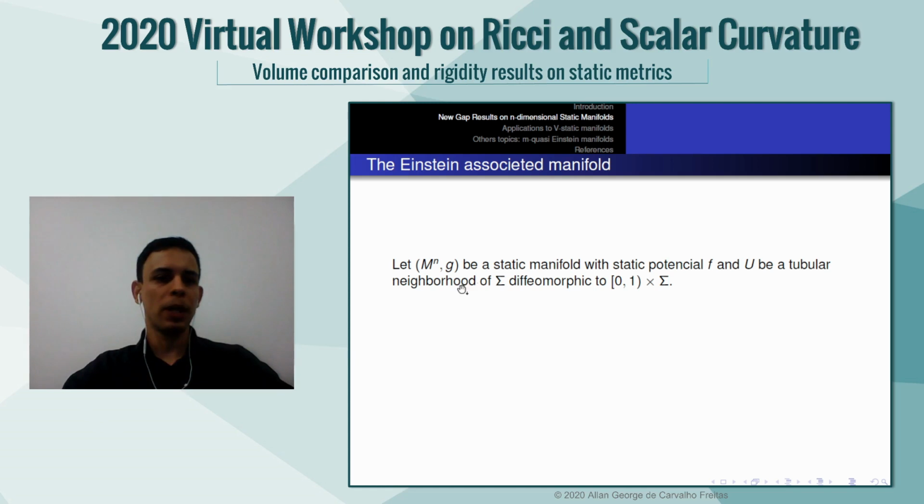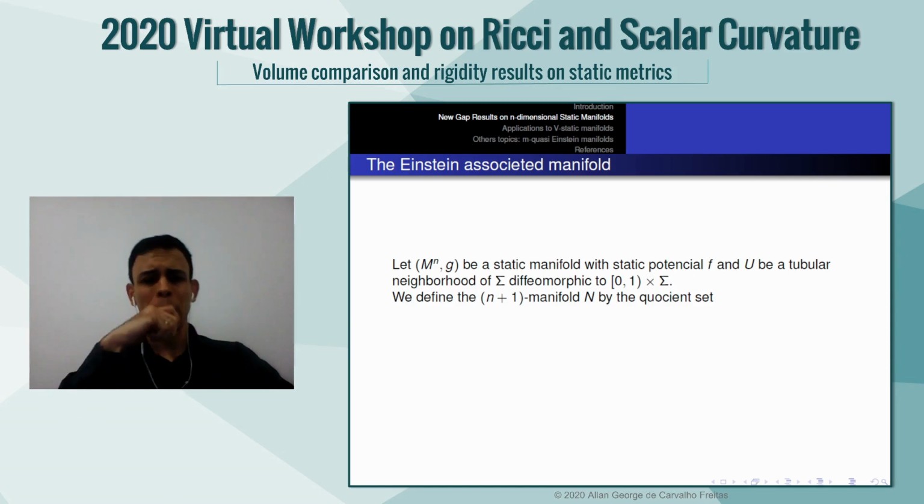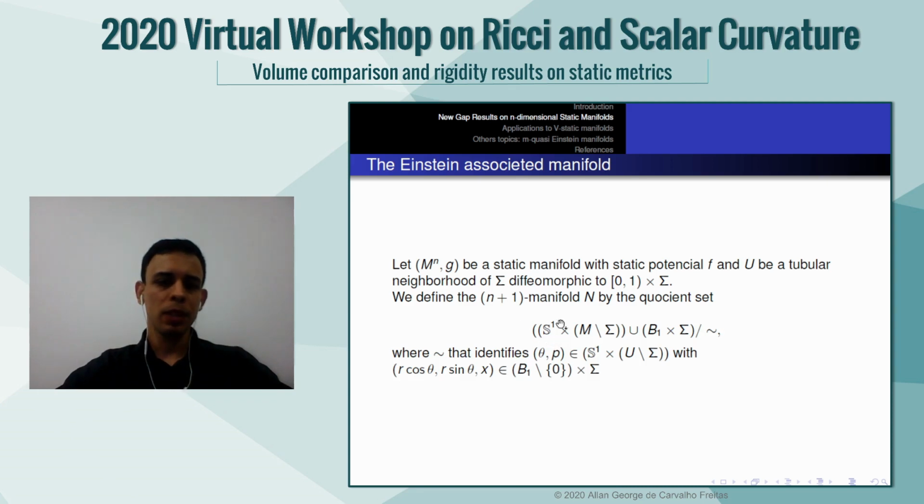If you begin with a static manifold, we can consider a tubular neighborhood of the boundary, and we can define an n+1 manifold by the quotient set, where we have a circle times this manifold union this ball, with this equivalence relation.